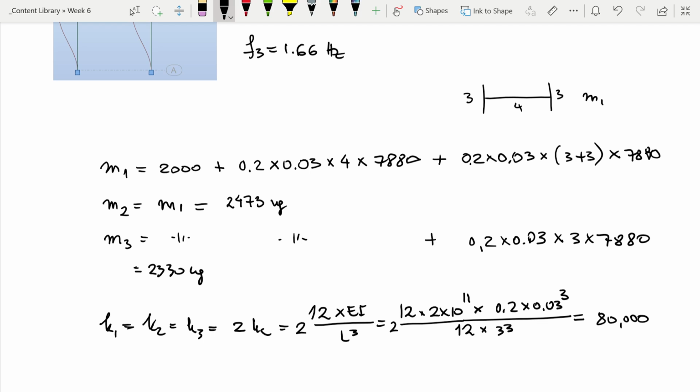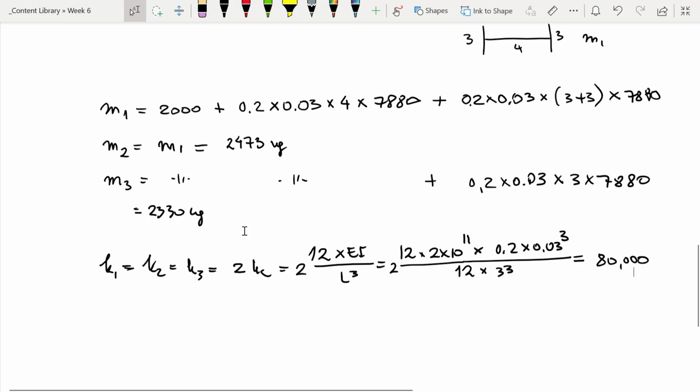Let's check again. 0.2 times 0.03 cubed times 4 times 10 to the power 11 divided by 3 cubed equals 80,000. Okay.